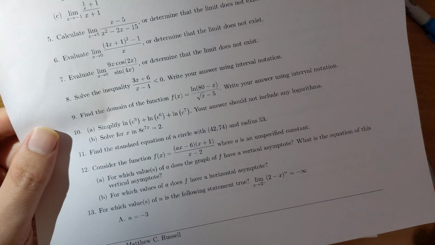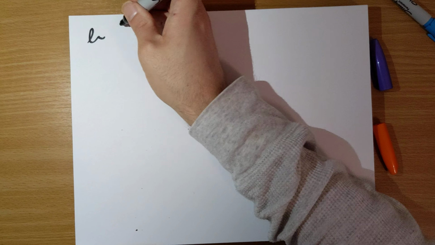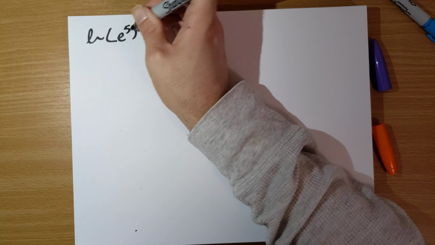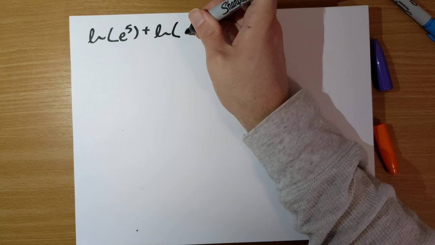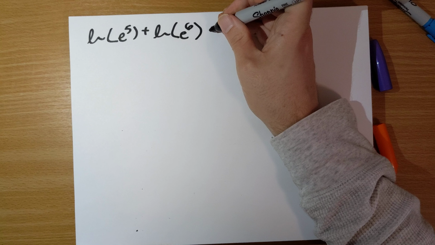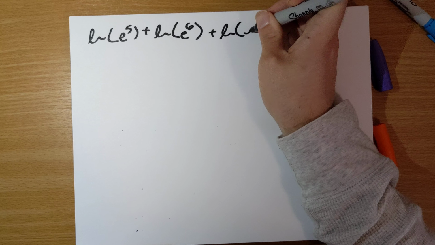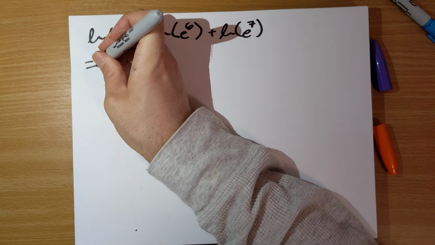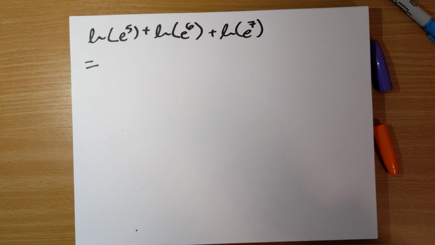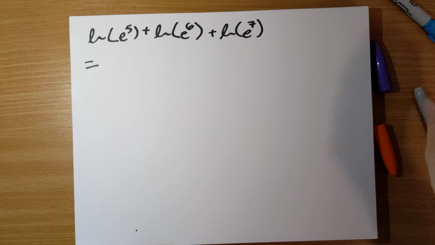Problem number 10 here, simplify this expression with logarithms. So logarithm of e to the 5th plus, and these are all natural logarithms, plus natural log of e to the 6th plus natural log of e to the 7th. Okay, so how do we combine logs together? We're going to use two rules here.